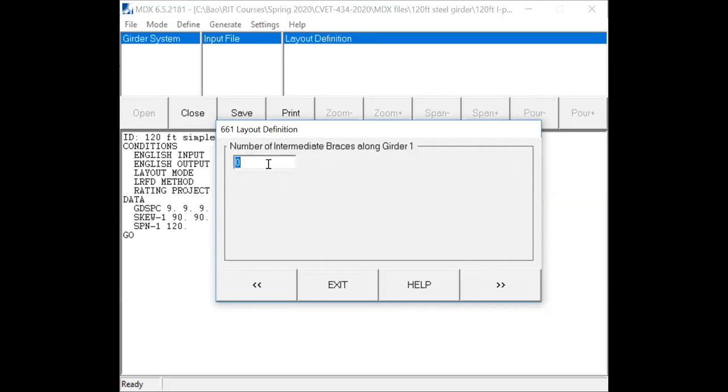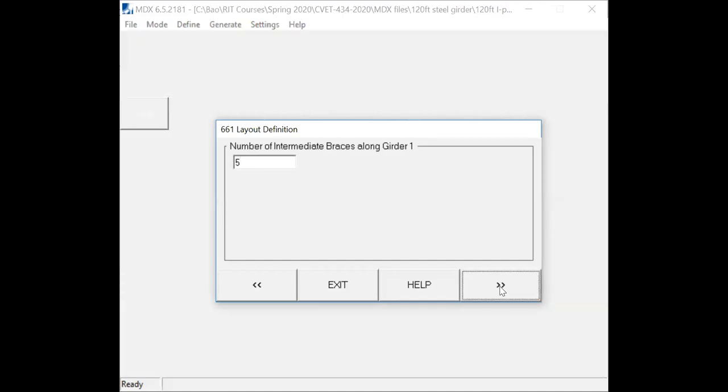And number of intermediate braces along girder 1 is 5. So I explained, the 5 intermediate braces are at 20 feet, 40 feet, 60 feet, 80 feet, and 100 feet. 5 intermediate braces, or intermediate cross frames.